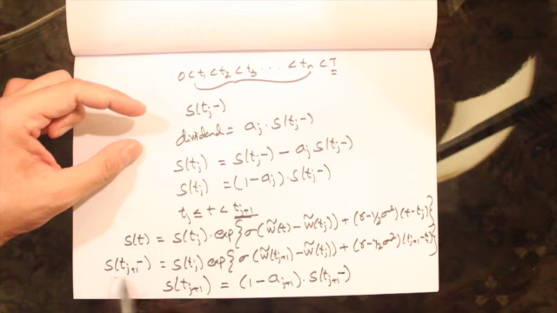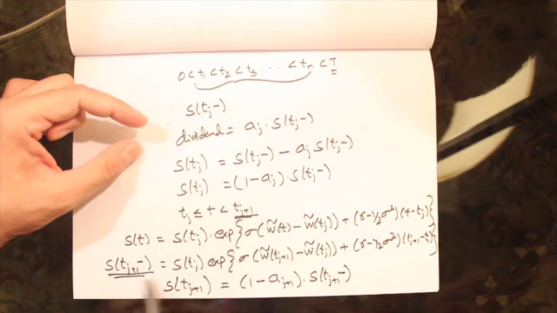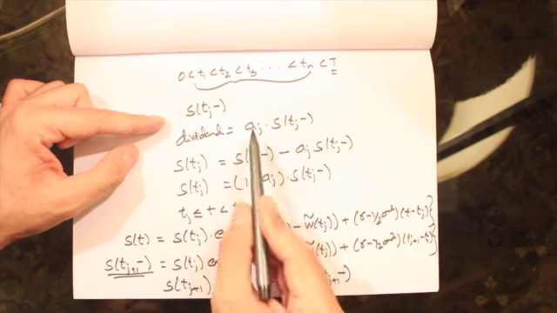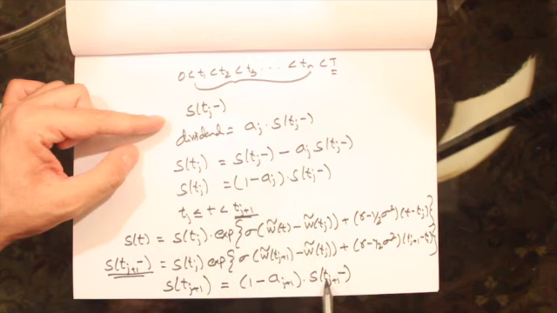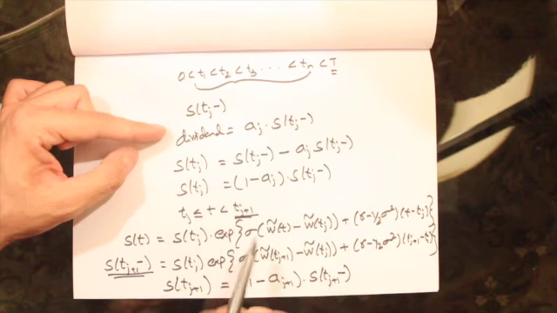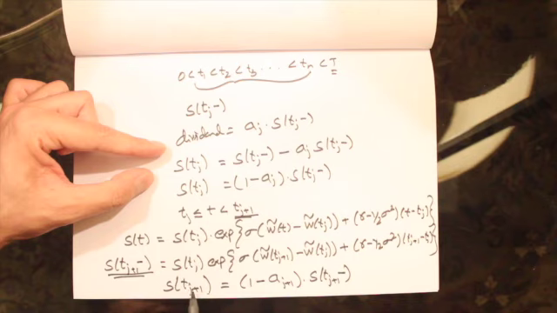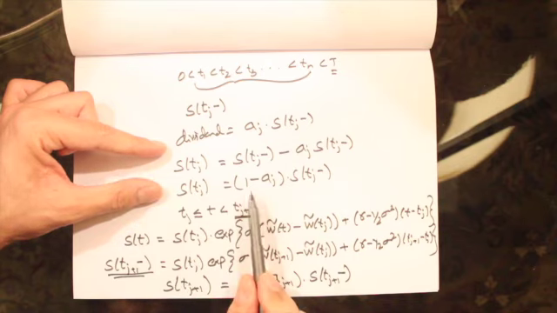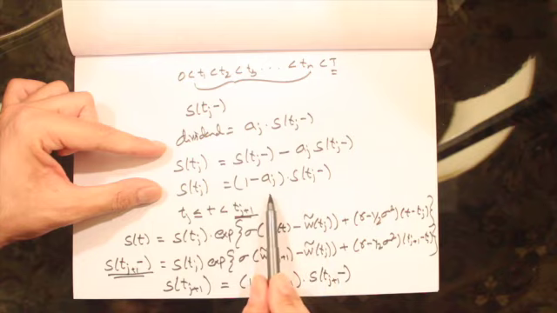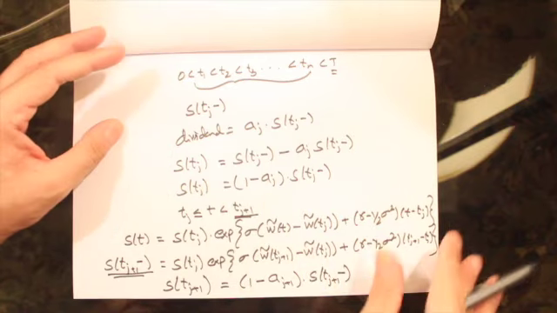So this was the value of the stock before the dividend gets paid out, and we subtract Aj plus 1 times S of Tj plus 1 minus as the amount of dividend. So the stock price after the dividend gets paid out, denoted by S of Tj plus 1, is given by this formula, which is very similar to what we have here.